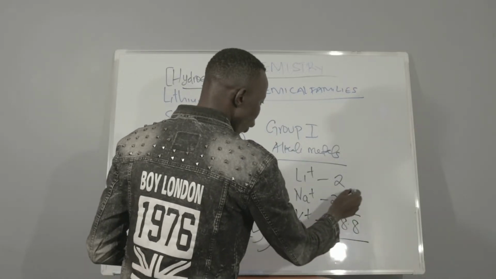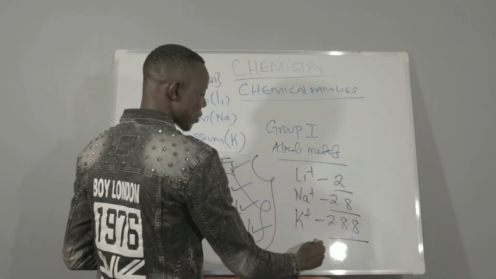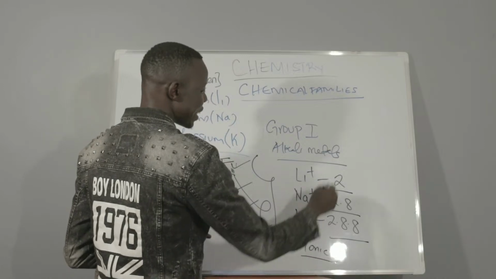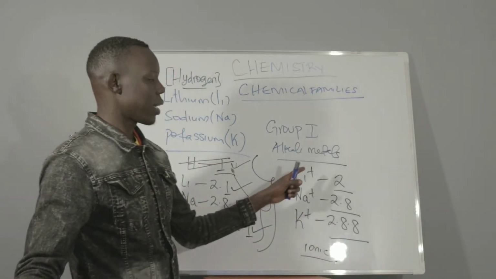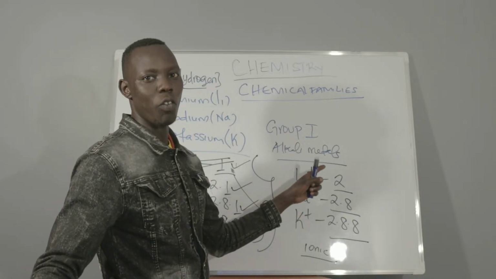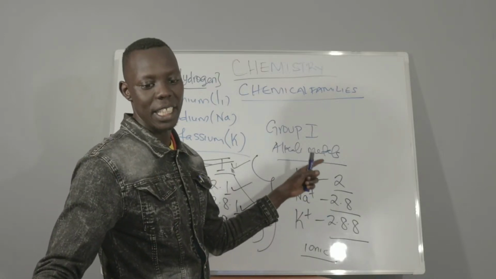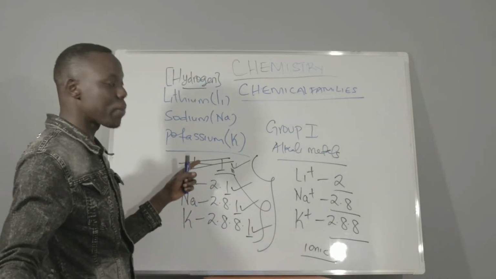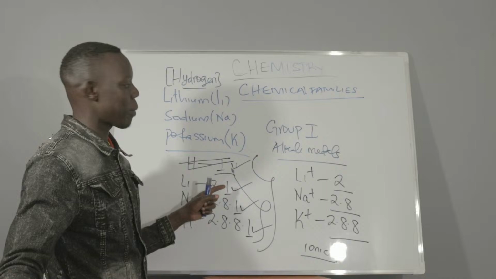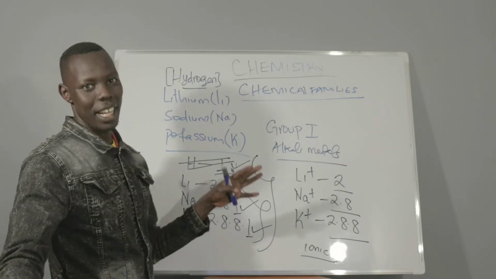So still, when we talk of ionic size, it increases down the group because of the same reason, increase in the number of occupied energy levels.